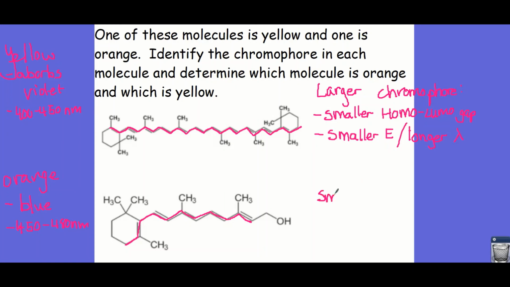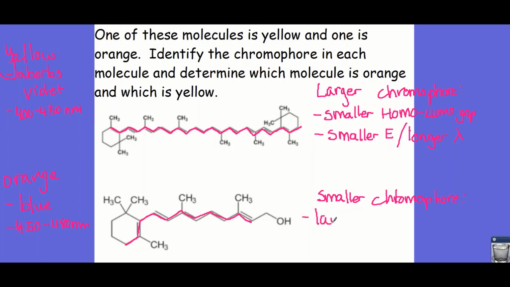For our smaller chromophore, like the one we see at the bottom, because it's a smaller molecule, it's a shorter chromophore, shorter conjugated system, there will be less bonding orbitals and less anti-bonding orbitals.